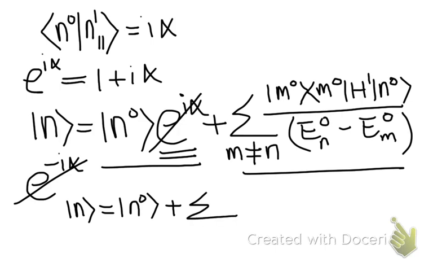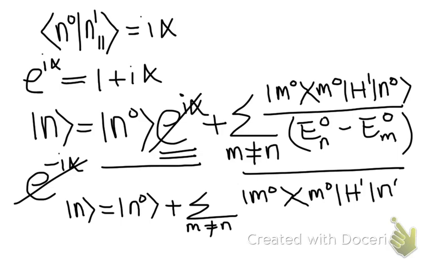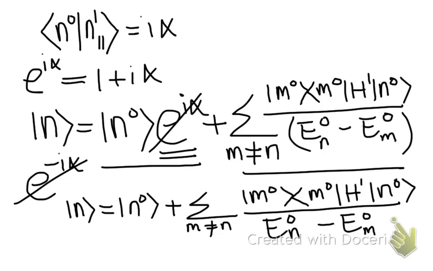That is the sum over m not equal to n, of m0 outer product with m0 h prime or h1, that is my perturbed Hamiltonian, n0, all of this over e n0 minus e m0.